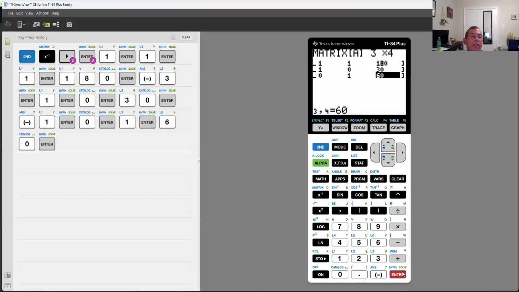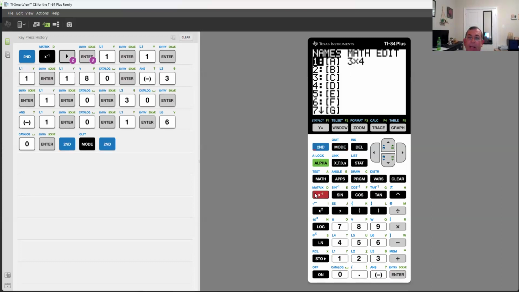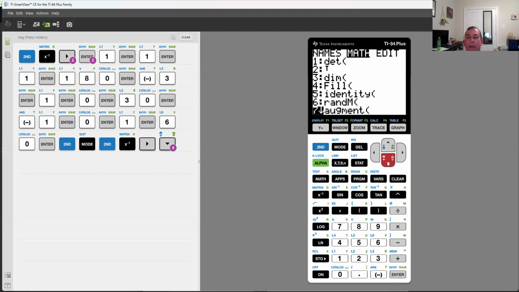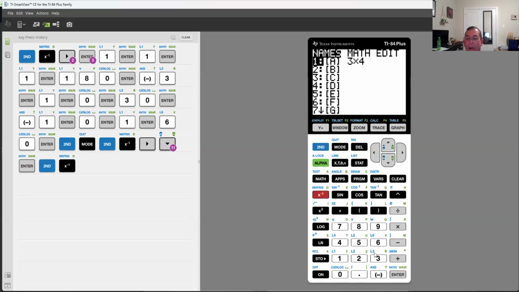So I got all my numbers in. So now I quit the screen by hitting second mode. I'm going to go into the math now. So I'm going to hit second, x -1 for the matrix. I'm going to highlight the math column and arrow down and get RREF, enter. And then for the third time, I'm going to hit second, x -1, and then I'm just going to hit enter.